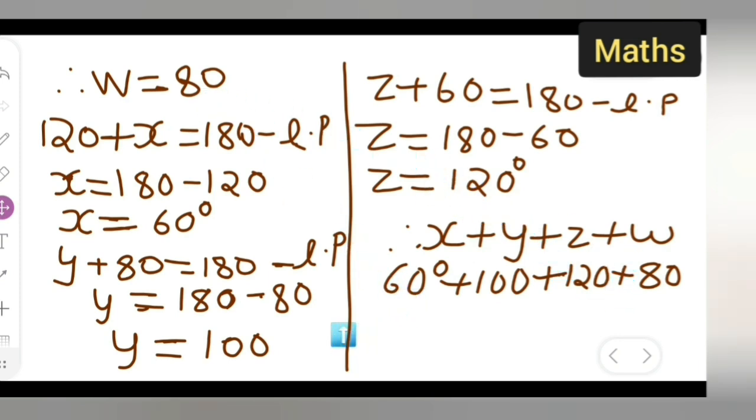So add all this and see what answer you are going to get. So let us add all these numbers. 100 plus 120 means 220 plus 80 will give you 300 plus 60 will give you 360. So what answer you are getting is 360 degree. Okay, so this is the way you all have to do it.